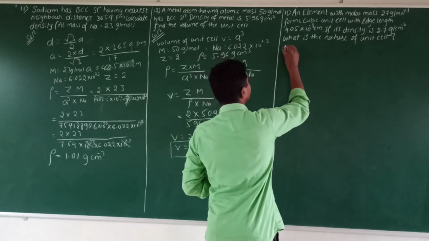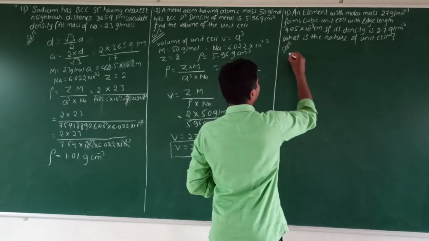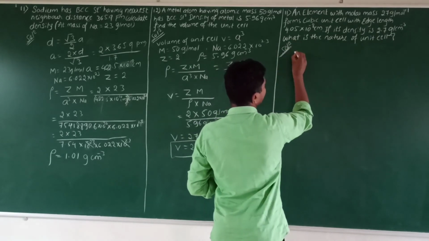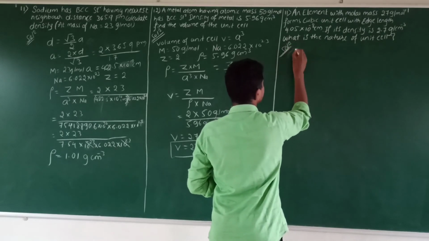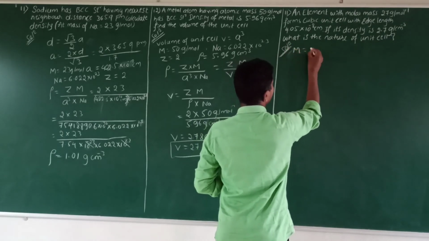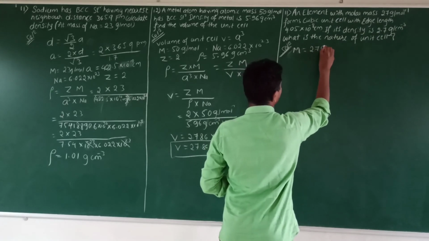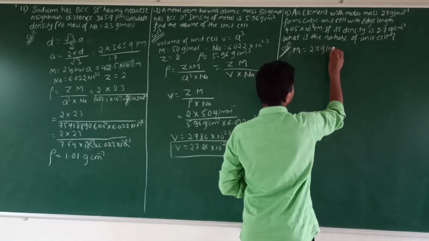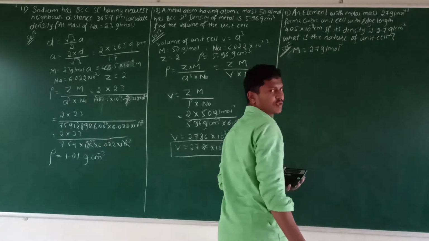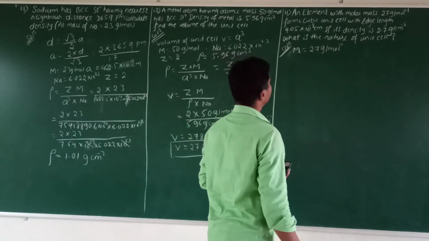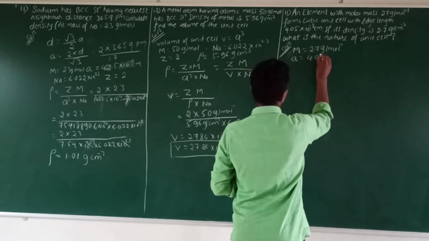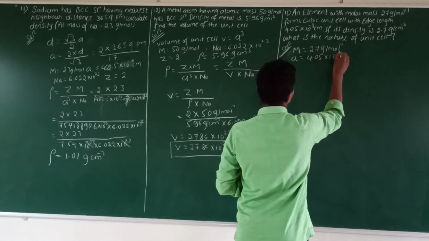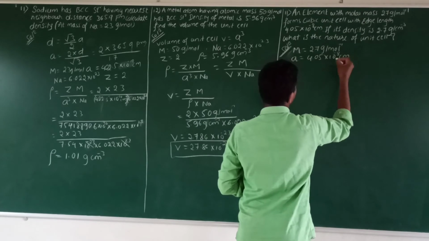Okay, solution. What are they given? First, mass is how much? 27 gram per mole, isn't it? And they are also given edge length, 4.05 into 10 to the power minus 8 centimeter.